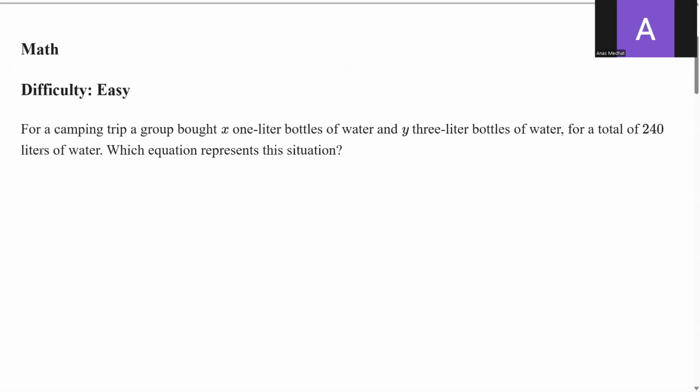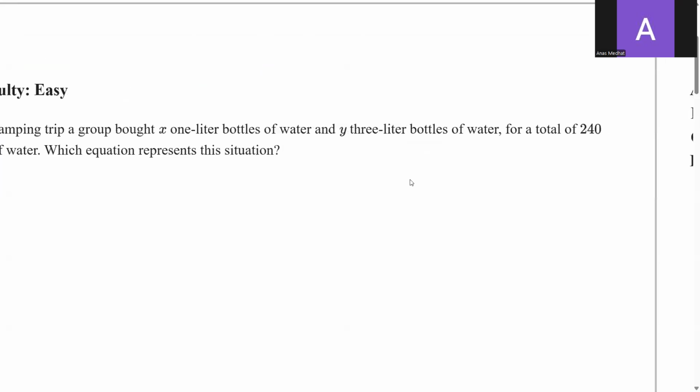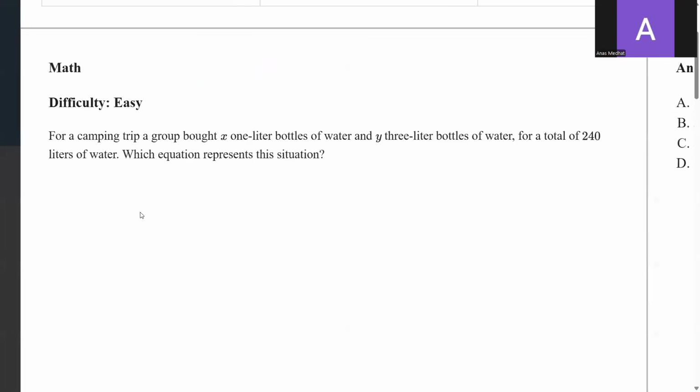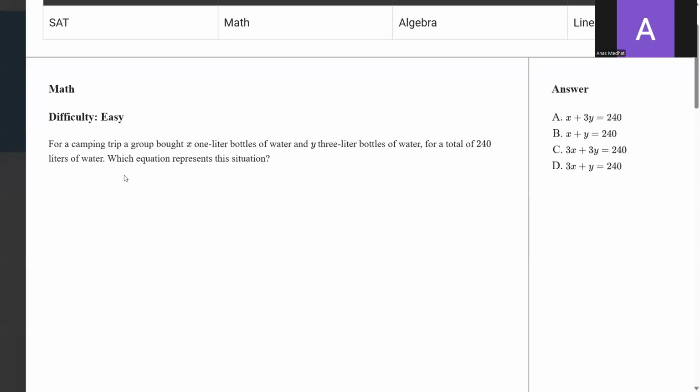For a camping trip, a group bought X 1-liter bottles of water and Y 3-liter bottles of water for a total of 240 liters of water. Which equation represents this situation? X represents the number of 1-liter bottles of water.